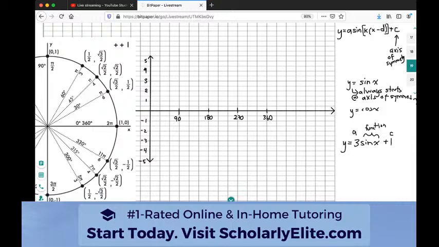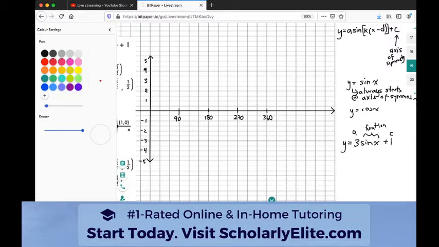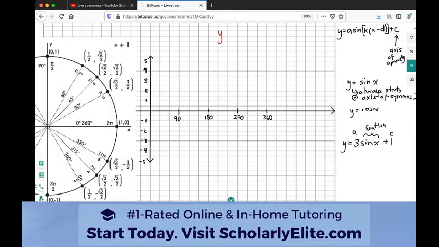So for the sine graph, a standard sine graph with no transformations, it looks like this: y equals sine of x. And if I look at my sine values here, the sine of 0 is 0. The sine of 90 degrees is 1. The sine of 180 is 0, which is on the other side of the unit circle.